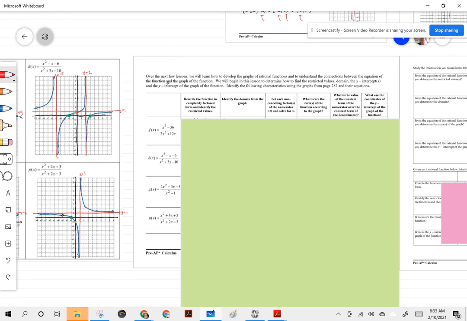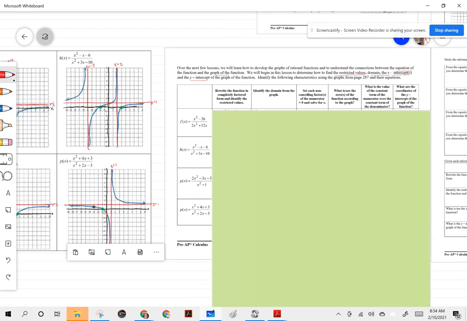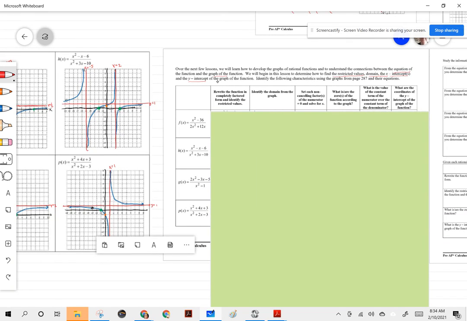It says, over the next few lessons, we're going to learn how to develop the graphs of rational functions and understand the connections between the equations and the graphs. So we're going to first start off by finding the restricted values, excuse me, the domain, the x-intercepts, and the y-intercepts of the graphs. And so we are supposed to identify the following from, and it shouldn't be 287, it should just be the previous page, right?